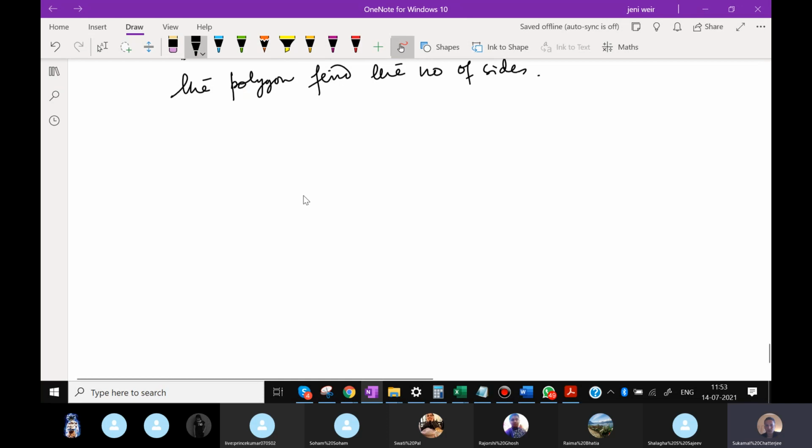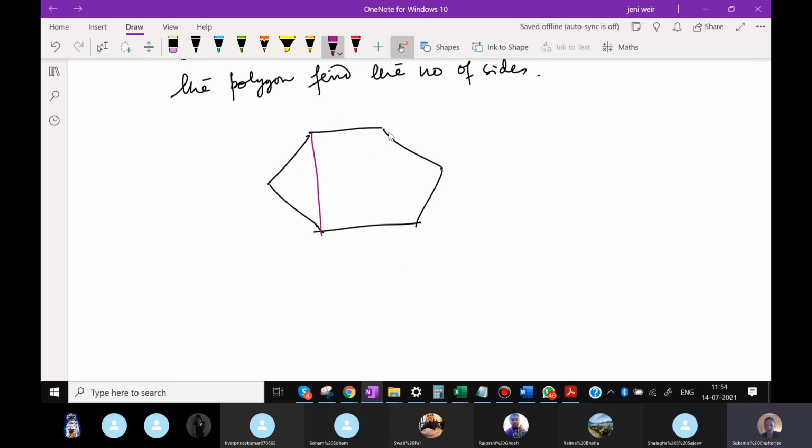Now, if we have an n-sided polygon where n is even, so for example, I start with a hexagon. Now, if I have a hexagon, then this would be my perpendicular distance between the opposite sides. And this hexagon can be divided into 6 triangles.